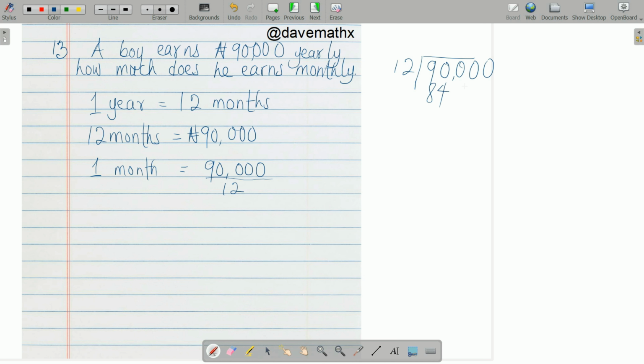I'll start by figuring out how many times 12 goes into 90, and that comes to 84, 7 times. I will have a remainder of 6.